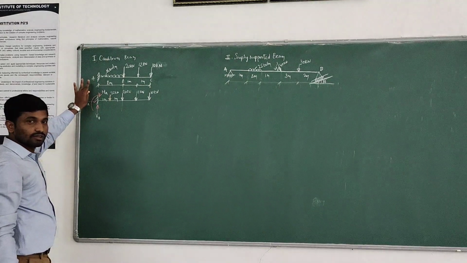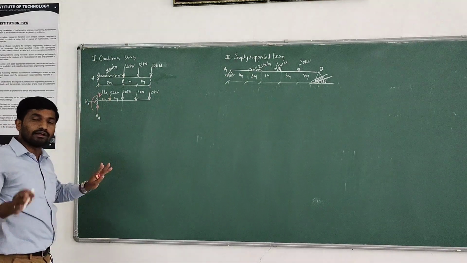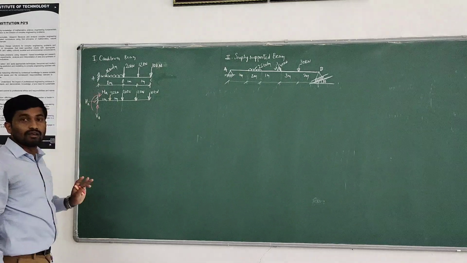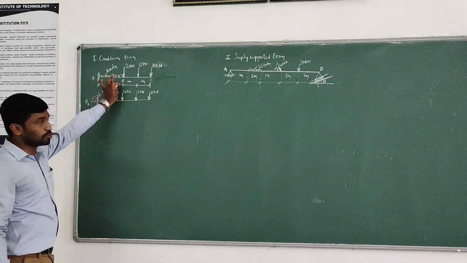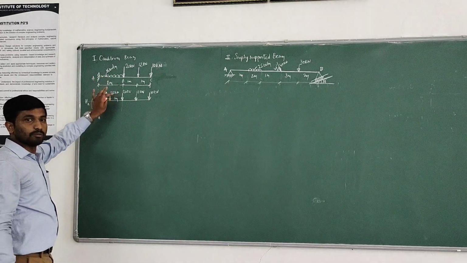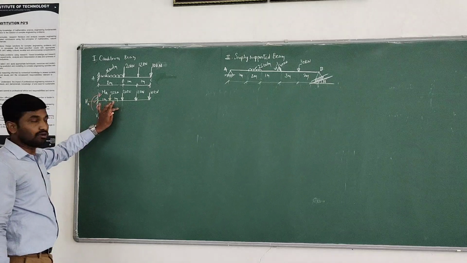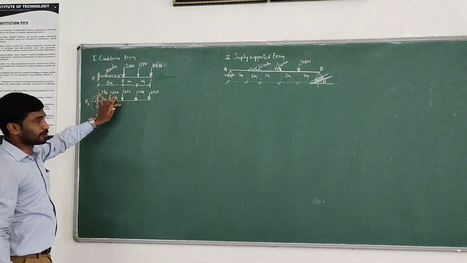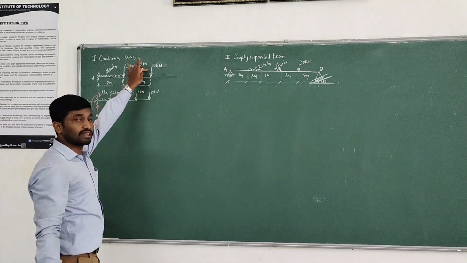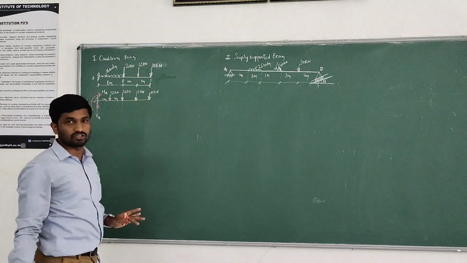Support A is fixed. Hence the fixed support will develop three reactions: VA, HA, MA, and this is a distributed load. I have reduced this distributed load into a point load. W into L acts at L by 2, and this 20 kilonewton is a point load, keep as it is. 12 kilonewton is also a point load, keep as it is. 10 kilonewton is also a point load, keep as it is. This is the very first step.